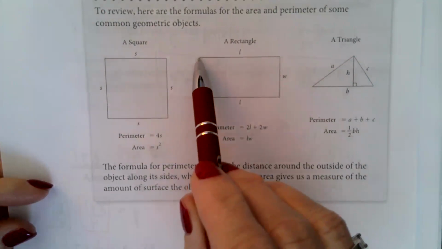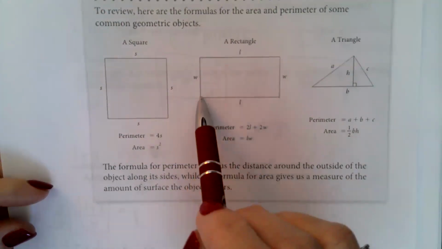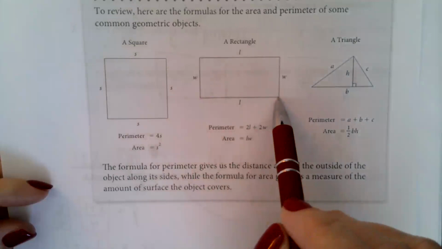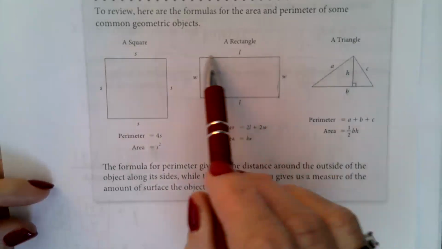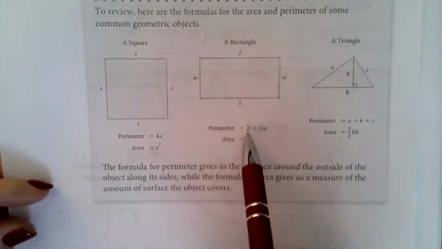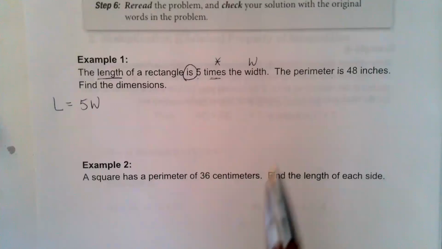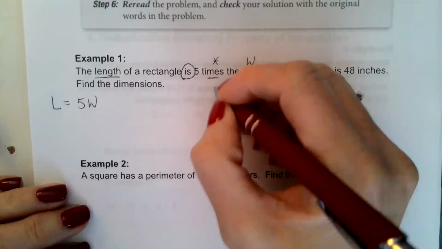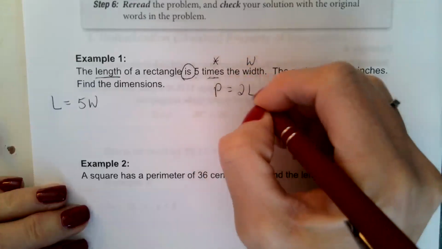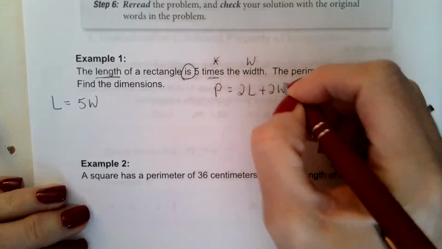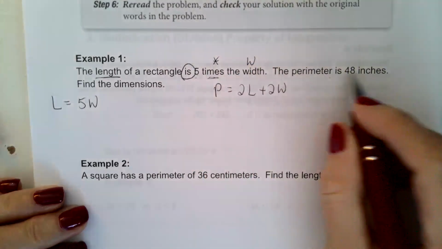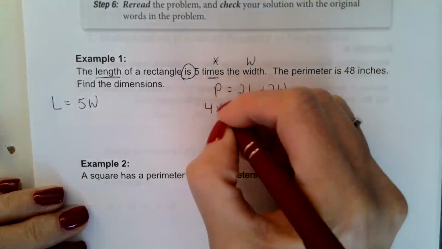And so we have the distance being the width plus the length plus another width plus a length. So we can shorten that by saying the perimeter is equal to 2 times the length plus 2 times the width. So we're going to use that formula. And we know the perimeter is 48 inches, so we can replace that.